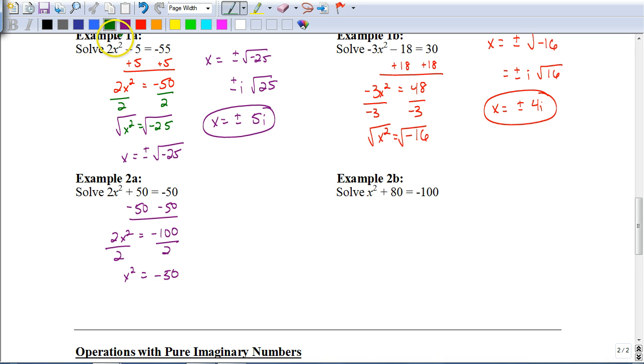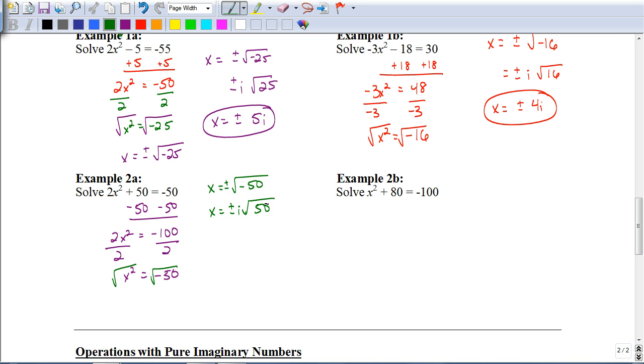Now when I take the square root of both sides, let me do this over here. You end up getting x equals the positive negative square root of negative 50. So this would be positive negative i times the square root of 50.